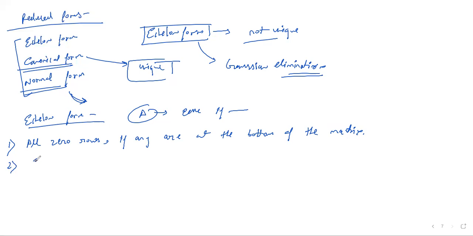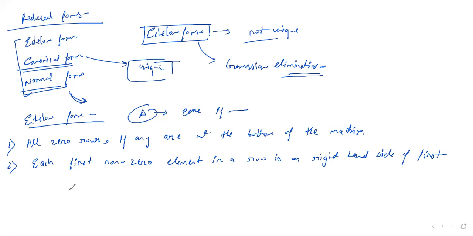The second condition is that each first non-zero element in a row is on the right hand side of the first non-zero element in the preceding row.